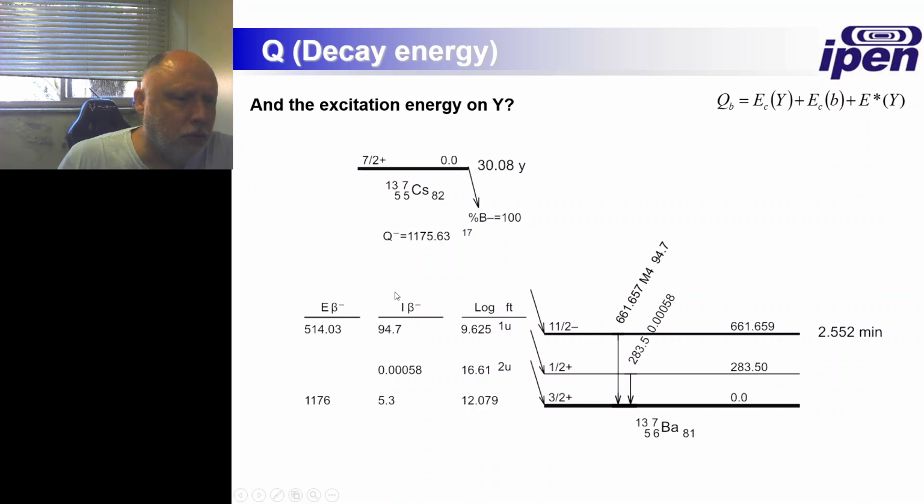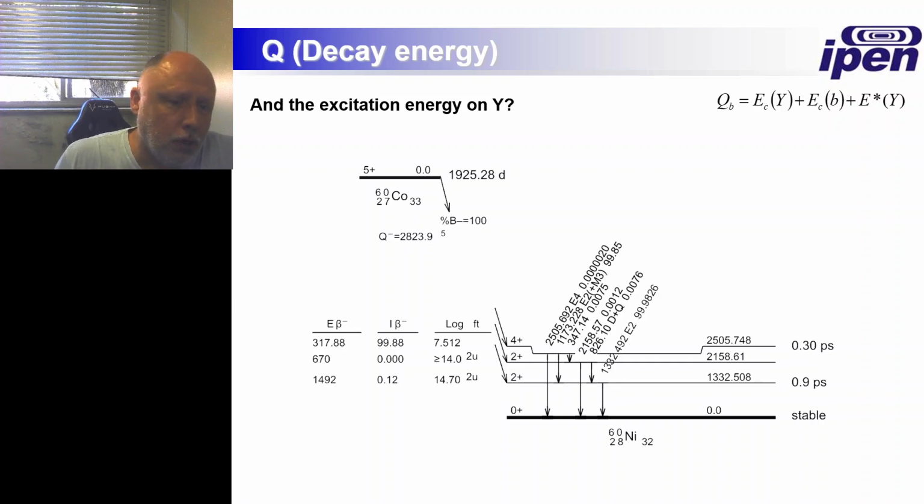But 95% of the times this will decay to this state here in barium. And this state here decays by emitting a 662 kilo electron volt gamma ray. So 95% of the times the beta decay of cesium is followed by the emission of a 662 kilo electron volt gamma ray, right?